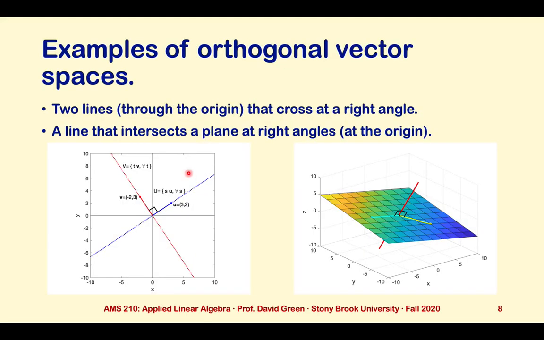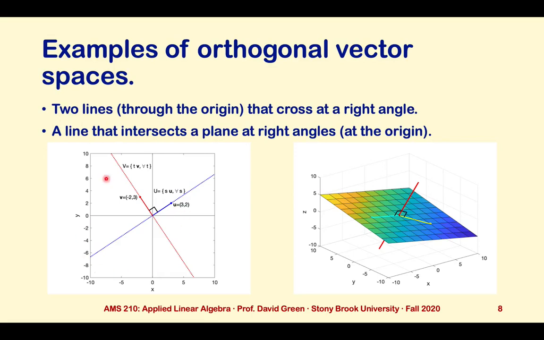It often helps to have a visualization, to have some intuition for what it means for two vector spaces to be orthogonal. Let's take a couple of examples to try to see what we mean here.